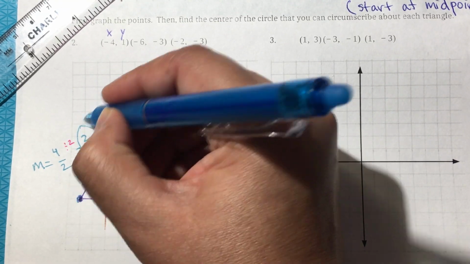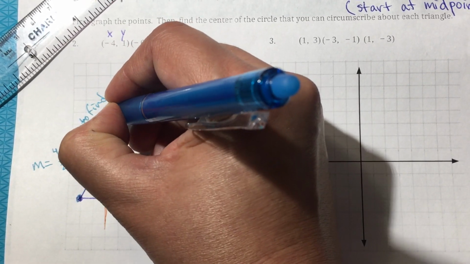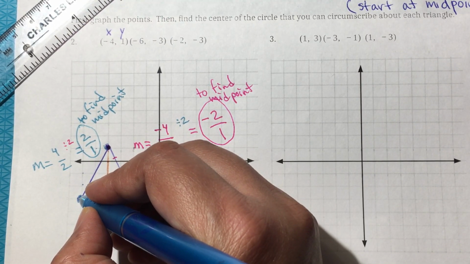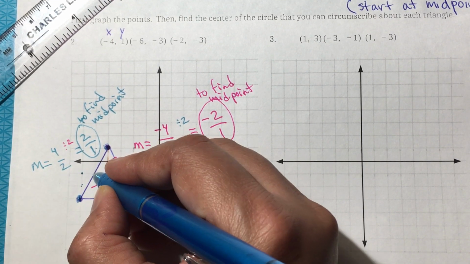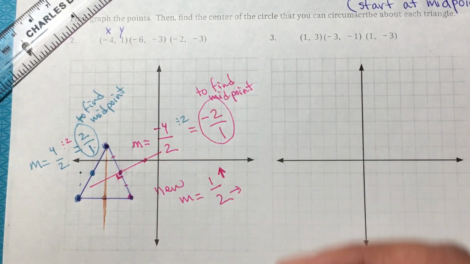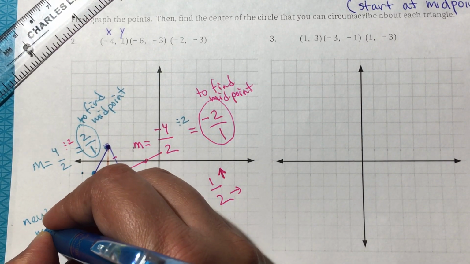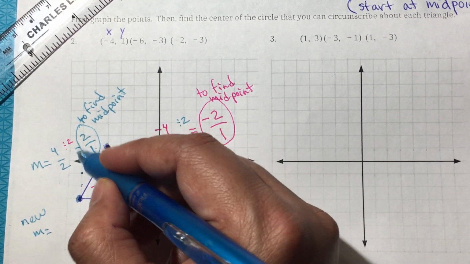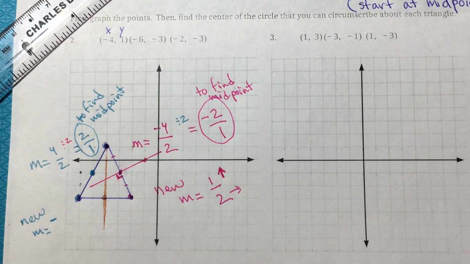This is to find the midpoint. And so I count again from the left, okay? 1, 2, and then 1. That's my midpoint right there. After that, I find my new slope. Remember that M stands for slope. If this is positive, that means that my new fraction is going to be negative.